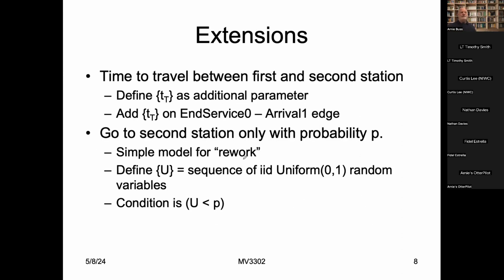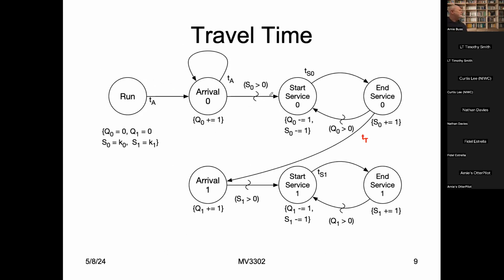But what if it isn't negligible? Well, what can we do? We can add an additional parameter and say, if it takes a certain amount of time to get from the first station to the second station, then all we need to do is add a delay on that edge that we had, and now it's captured.